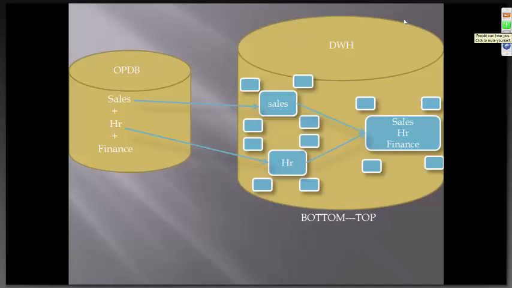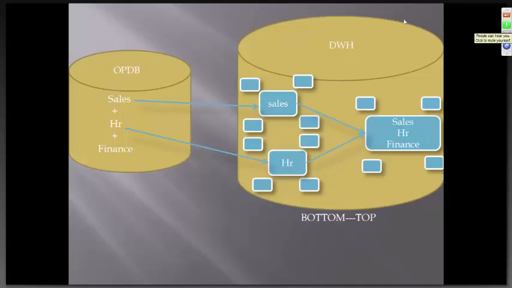That means we can move the entire information from the sales subject area to the sales data mart in the data warehouse, and the entire information from the HR subject area from OLTP to the HR data mart at the data warehouse level. So here, the data marts are independent. They do not depend on any data warehouse schema. Okay, that is the way you have to understand it.